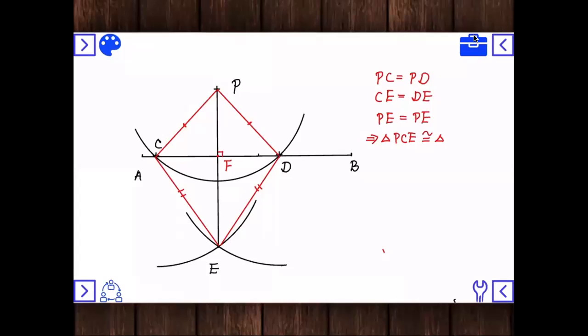You know that triangle PCE is congruent to triangle PDE. Right? And because these two triangles are congruent, these two angles are equal. So that means angle CPE is equal, sorry, angle CPE is equal to angle DPE.